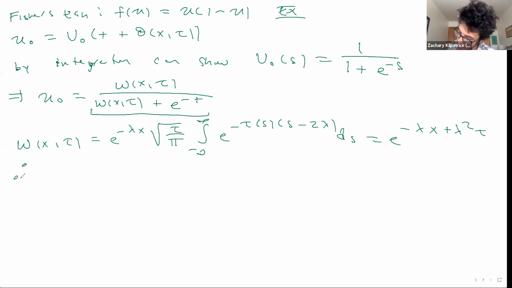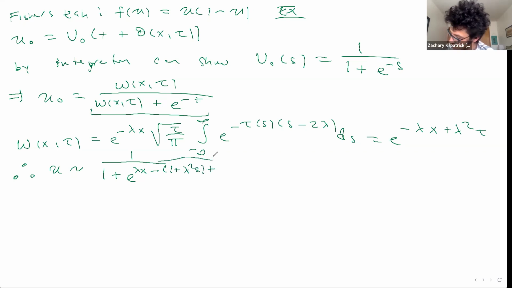And so at the end of the day, what you have is u is approximated by 1 over 1 plus e to the lambda x minus 1 plus lambda squared epsilon times t. Okay. So the tau sort of leaks in here as modulating the wave speed, right?